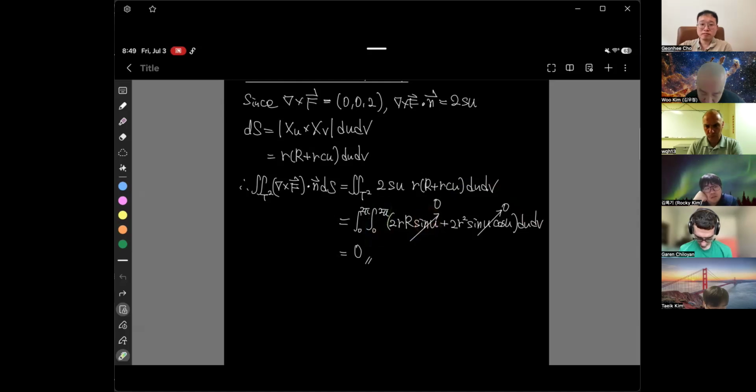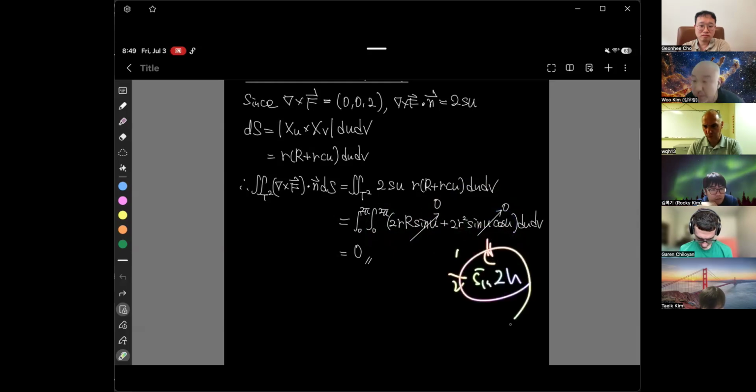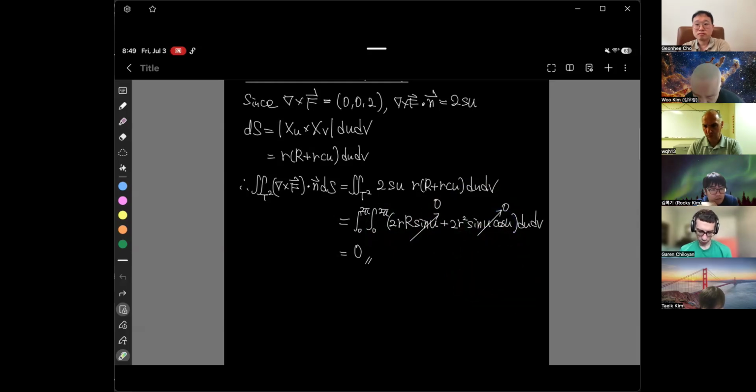We already know that, right? So we can just cancel it out. You don't need a computation. What about this part? The sine u times cosine u is simply sine 2u over 2, so this part also cancels out to 0. So 0 plus 0 is 0. Any other questions?